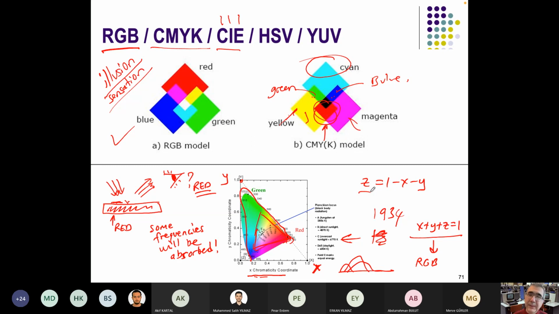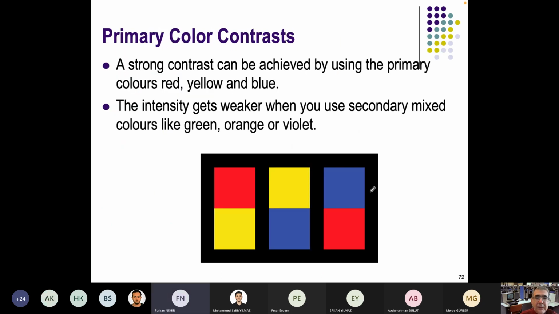That could be represented in 3 dimensions as well. You will see that in the computer graphics class. For user interface design, contrasting colors, using colors together, has significance. Strong contrasts can be achieved by using primary colors: red, yellow, and blue.